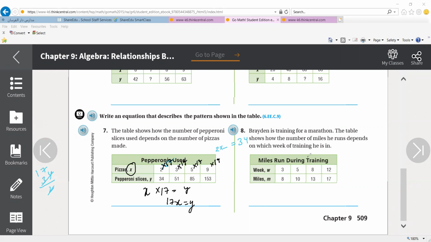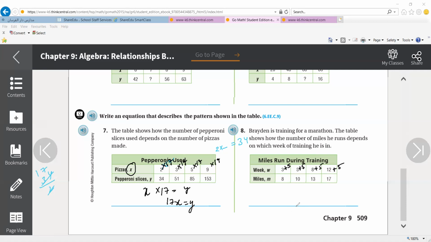3 and 8, they don't come in any times table, so I have to add and check. 3 plus what gives me 8? 5. So again, I'll check with all. Yes, good. So what is the relation?